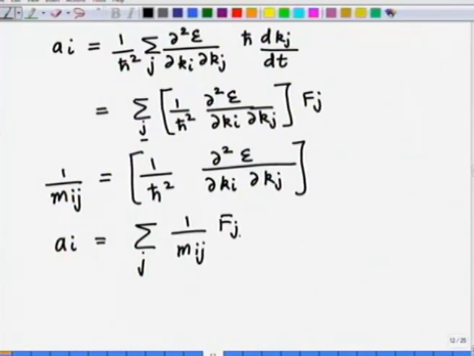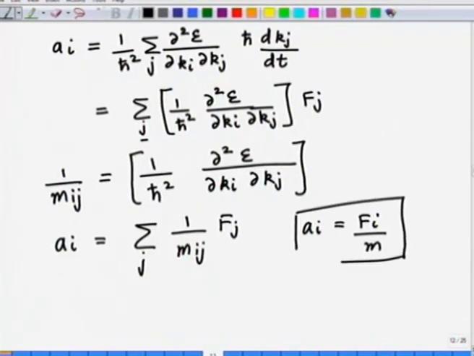So, what do you see? What we see is, remember, Newton's law: a classical particle follows ai equal to Fi by mass. That is what a classical particle will follow.